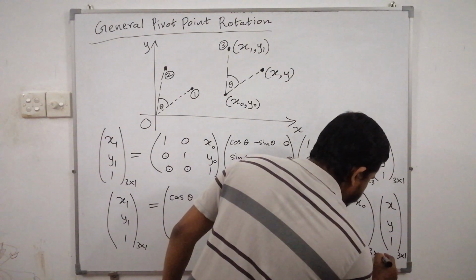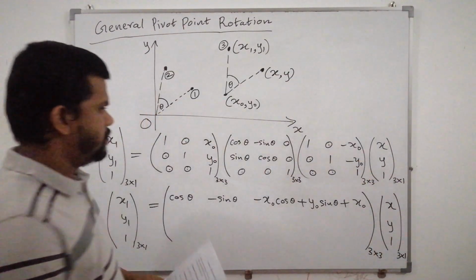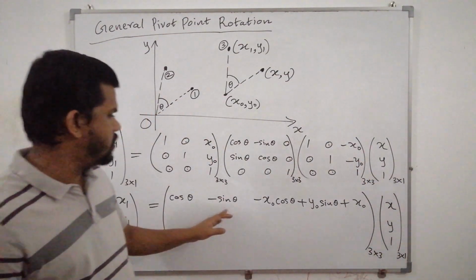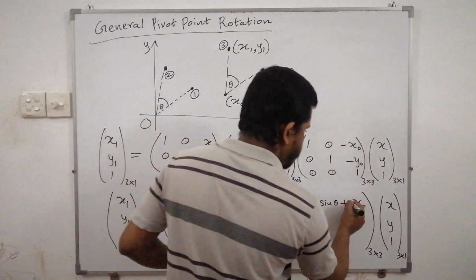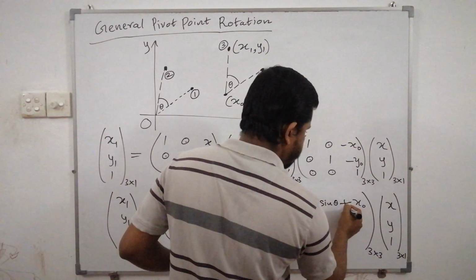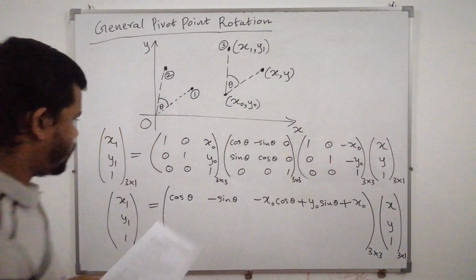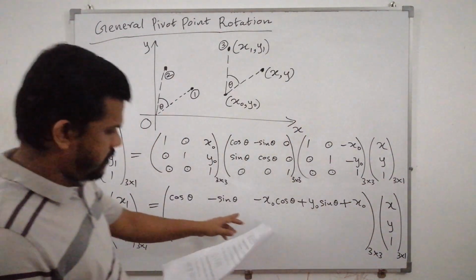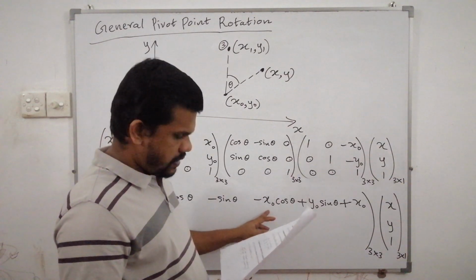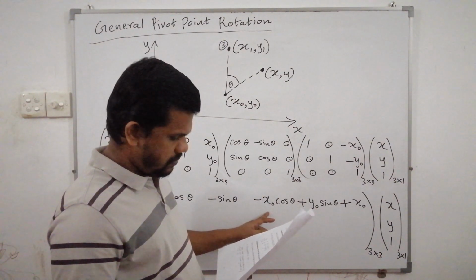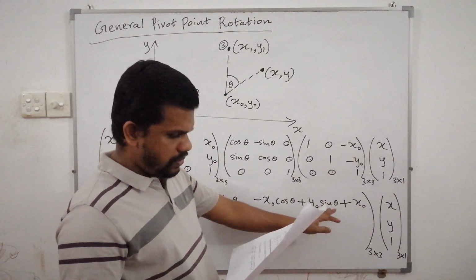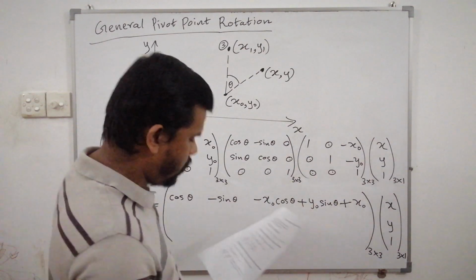These are the elements in the first row: cos theta, minus sin theta, minus x naught cos theta plus y naught sin theta plus x naught.